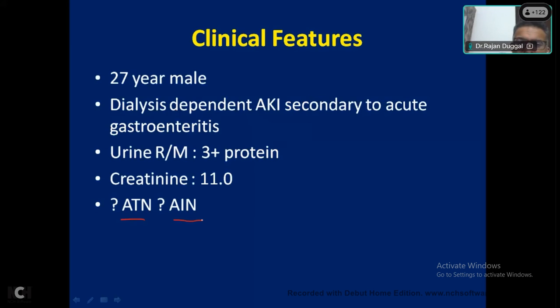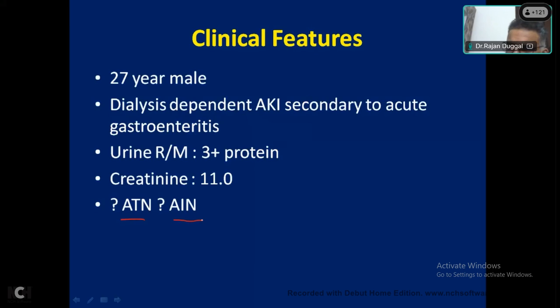So tell me one thing. That means most likely the nephrologist who has sent this biopsy never thought about why there is significant proteinuria, 3 plus kind of proteinuria. Always remember, whenever the patient is dialysis dependent, he is not able to make that much urine, so you will never be able to collect a 24-hour urinary estimation. You can't do that.